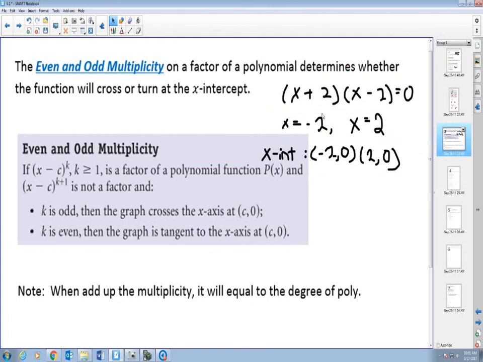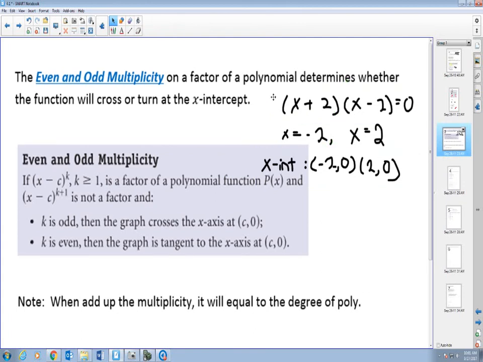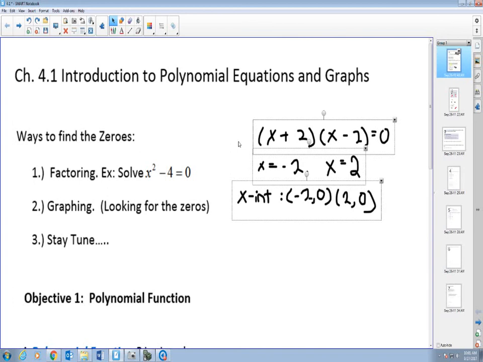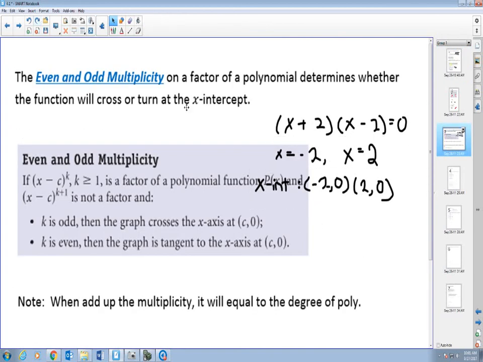So if you look at the factors of my problem earlier, x squared minus 4 equal to 0, I factor x squared minus 4, and these two are my factors. My x minus c is what's in the parentheses.